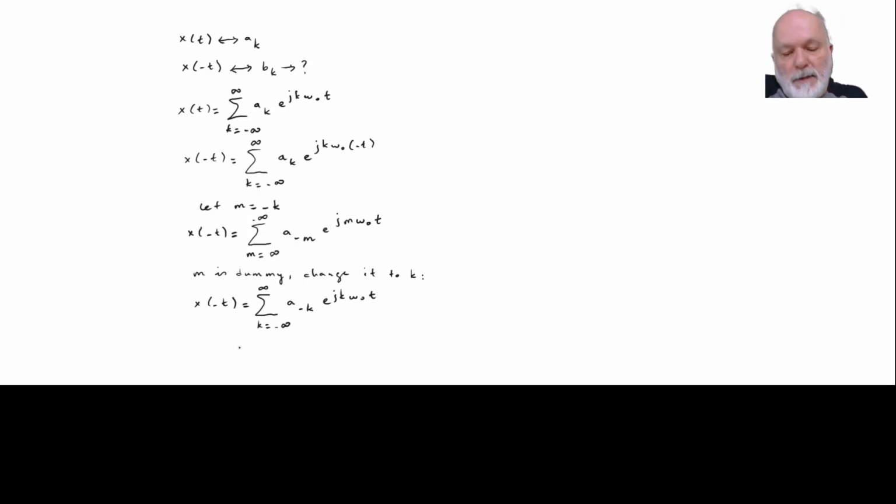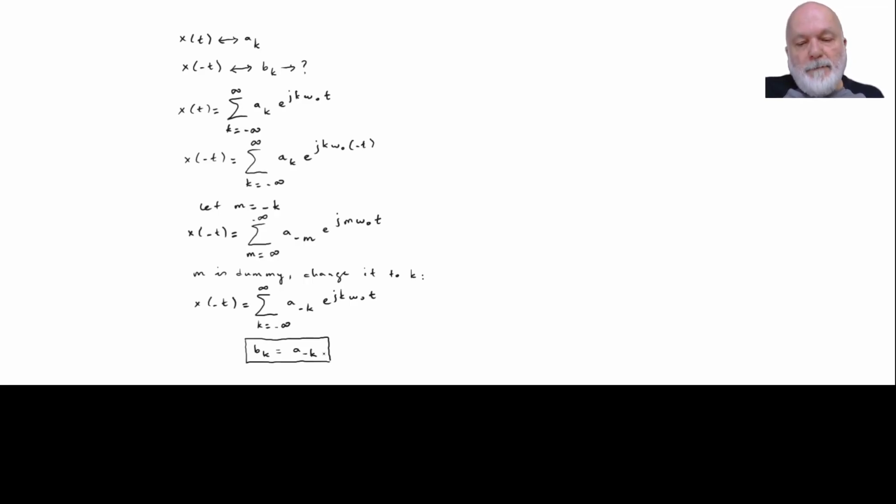So in this case, the Fourier series coefficients of x of minus t turn out to be a minus k. Okay.